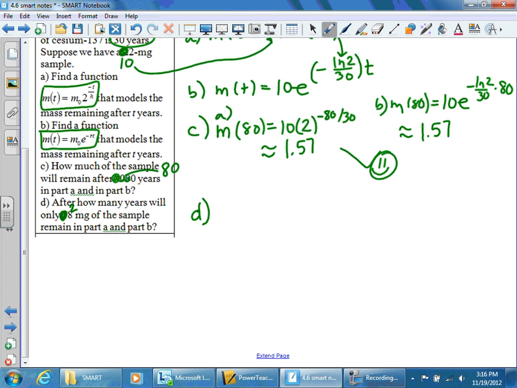All right, D. After how many years will only 2 milligrams of the sample remain in part A and part B? So let's do it with part A. So I'm going to divide by 10. ln both sides.